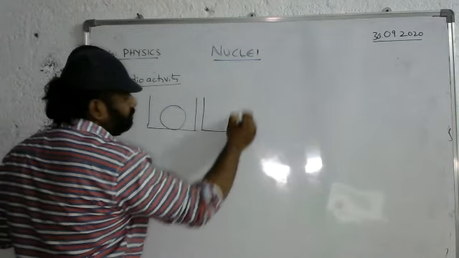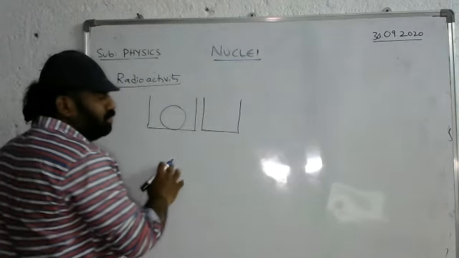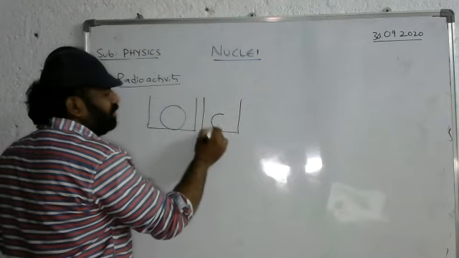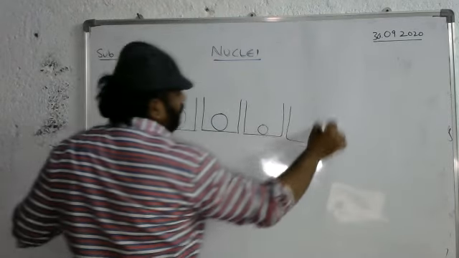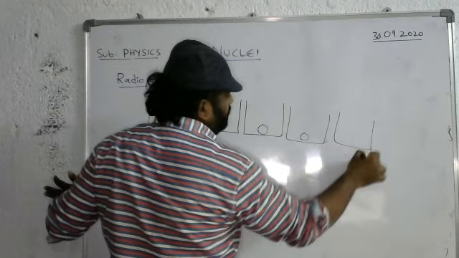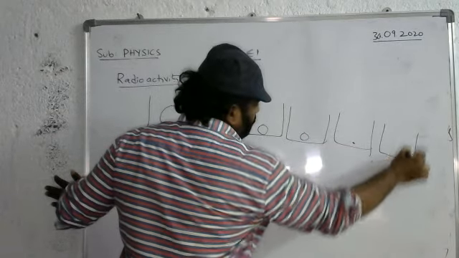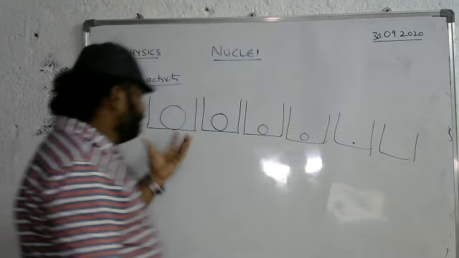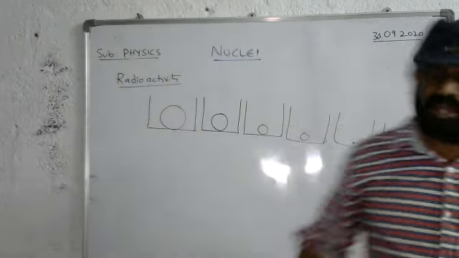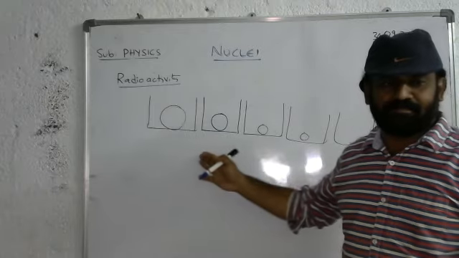After some time, the nuclei decrease gradually, it becomes like this, and after some time it becomes like this, and there is no element here. What happens? The element or nuclei gradually decreases.